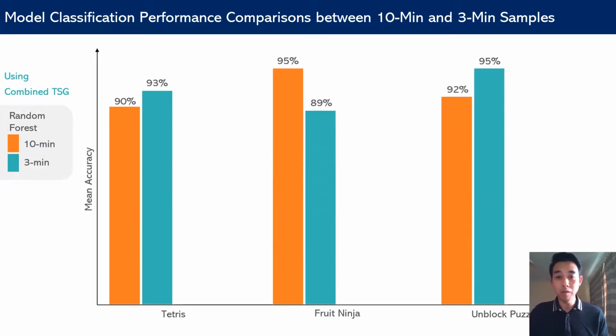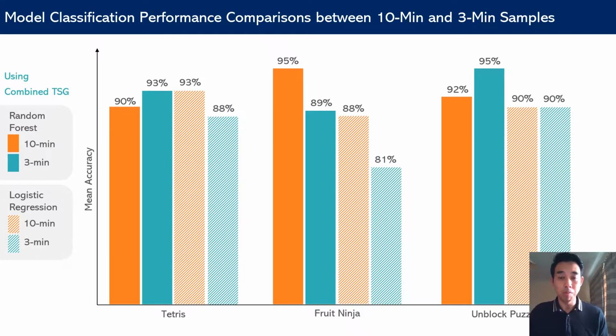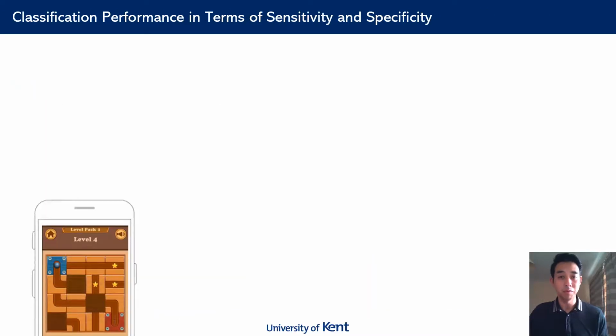For both Tetris and Unblock Puzzle, the random forest classifiers on 3 minutes data show even better results when compared with the model on 10 minutes samples. In particular, the model using 3-minute samples of Unblock Puzzle could achieve 95% accuracy. In contrast, the performance of logistic regression seemed to drop significantly when using 3-minute samples.